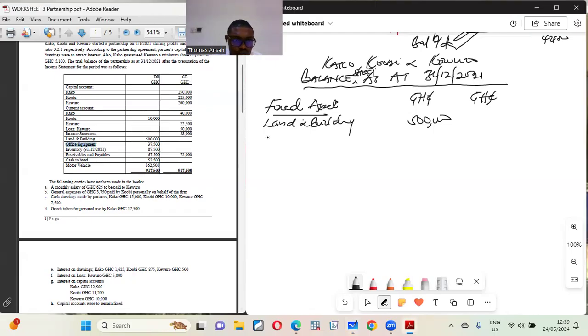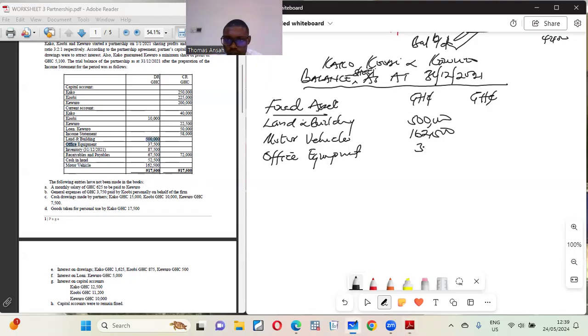Before office equipment, in terms of durability, we have motor vehicles, and here is 162,500. Then office equipment, 37,500. If I add these three, that looks 700,000 straight. Let's move. All right, so that is what we have. I come to my current assets.